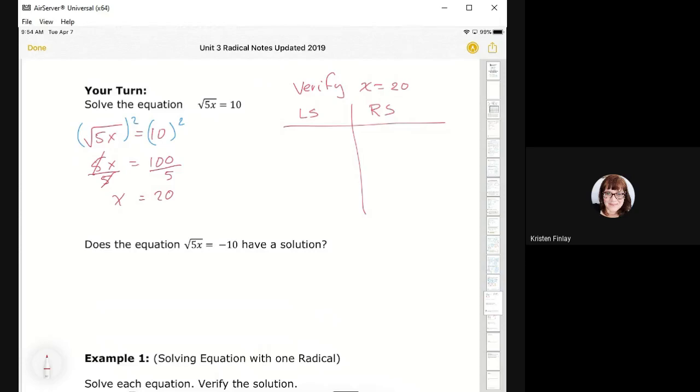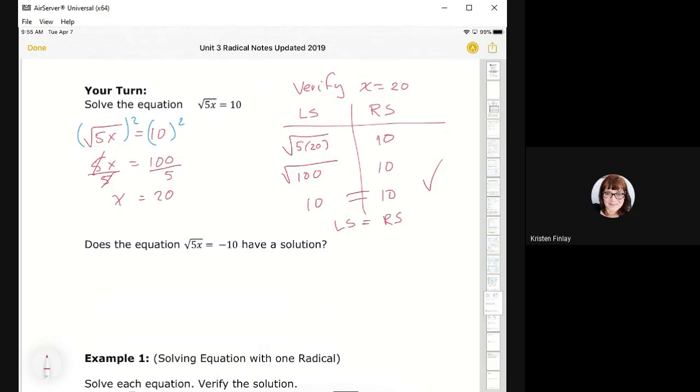When I substitute in, I have the square root of 5 times 20 on this side, and just 10 on this side. The square root of 5 times 20 is the square root of 100, and the square root of 100 is 10. So this does work, because my left side equals my right side.